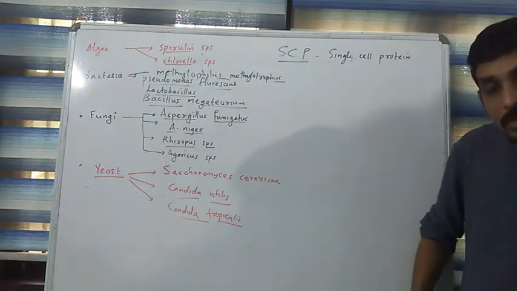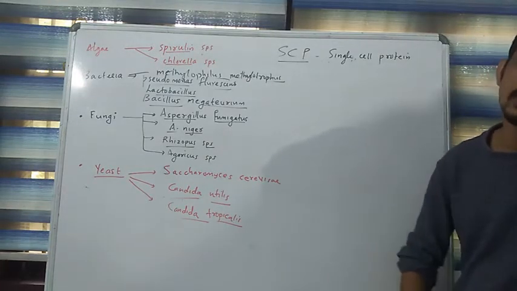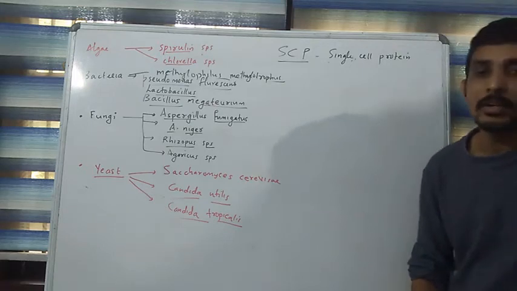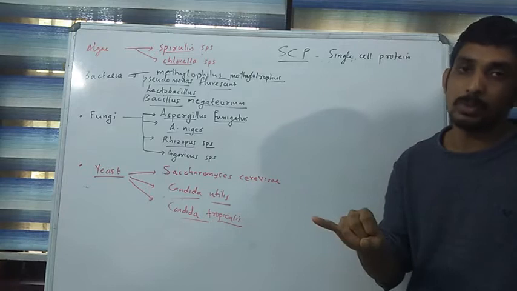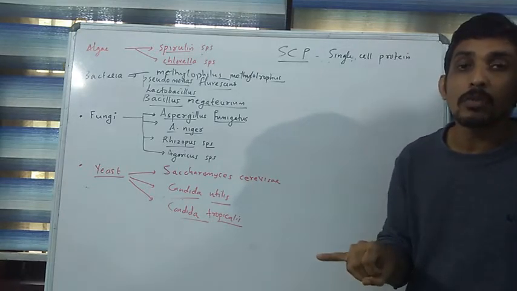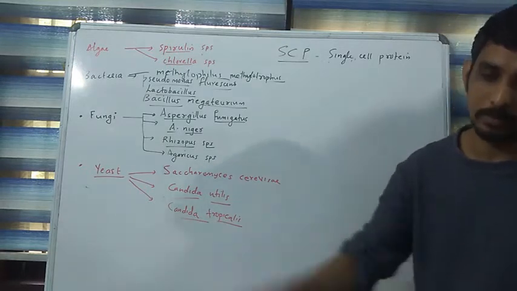And next, let us try to understand what the advantages of single cell protein are. The main advantage of single cell protein is that we are able to produce more protein within a short duration of time.